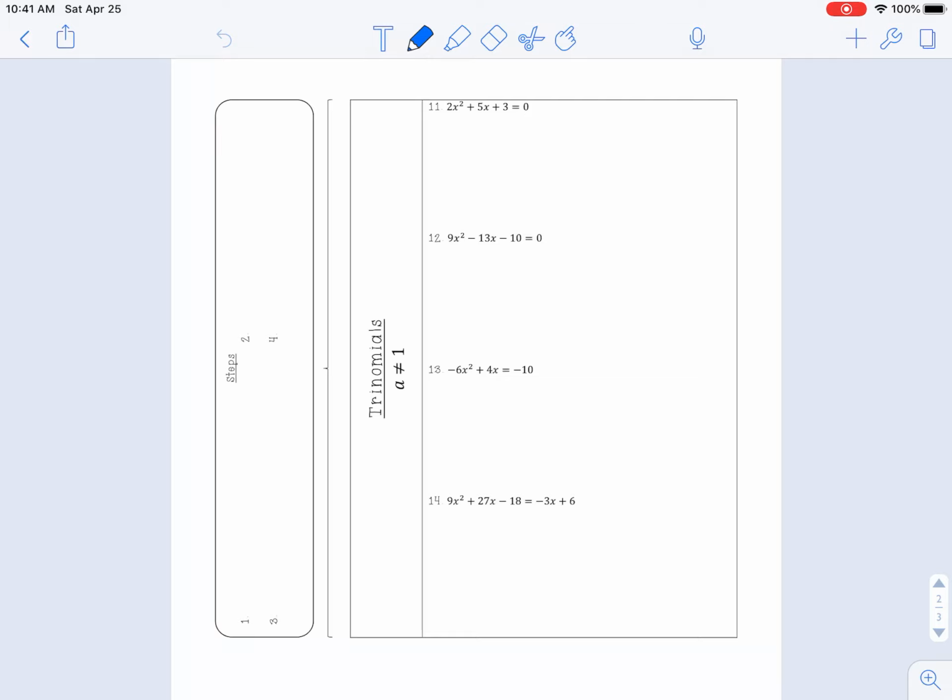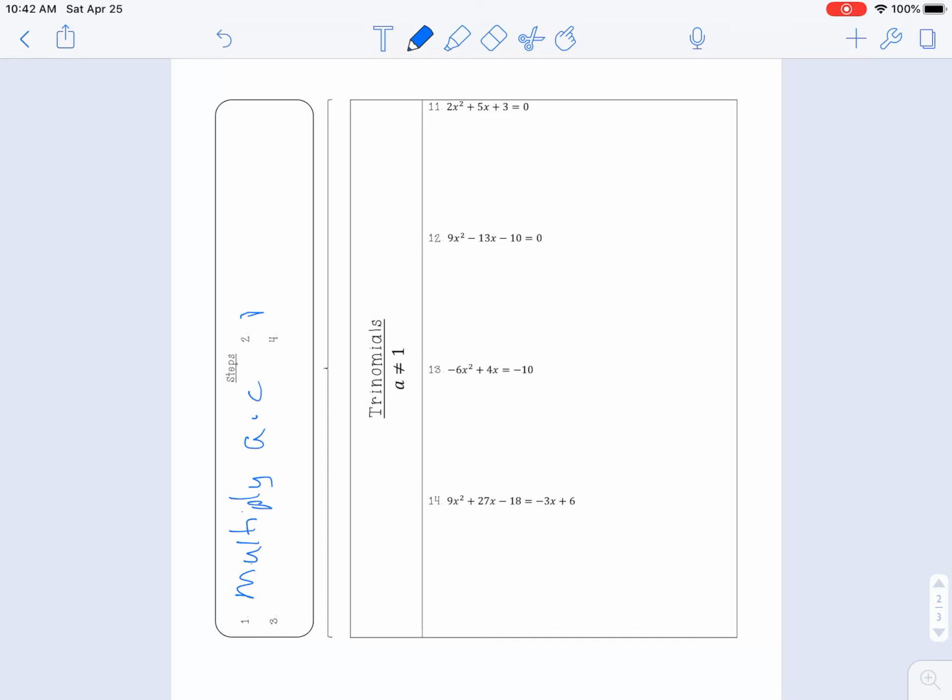Okay, factoring trinomials when our leading coefficient a does not equal 1. So if you recall our steps from before, we always look to see if we have a GCF, and then we multiply a and c.